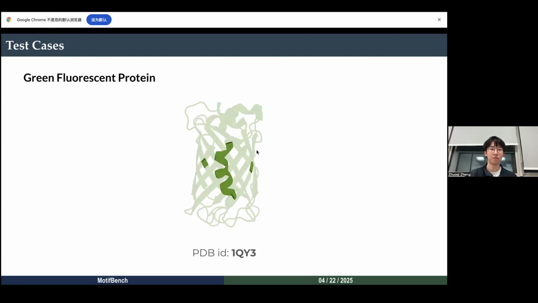It is often represented by a kinked alpha helix that might be crucial to the formation of the chromophore, and some other residues that might play roles in the electrostatic interactions between them, surrounded by an 11-strand beta barrel.